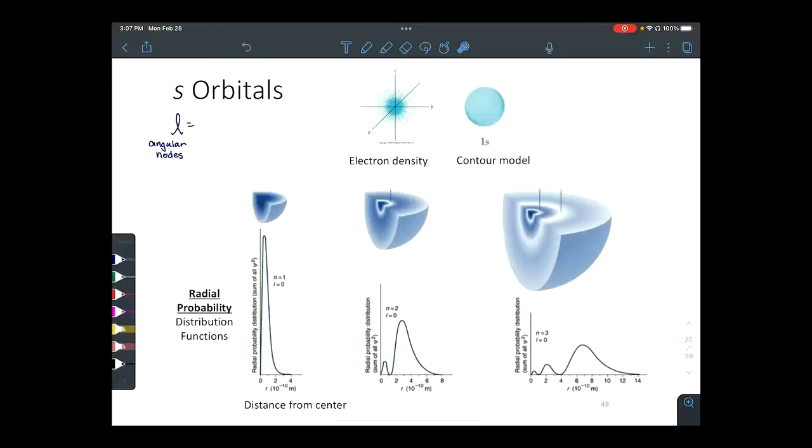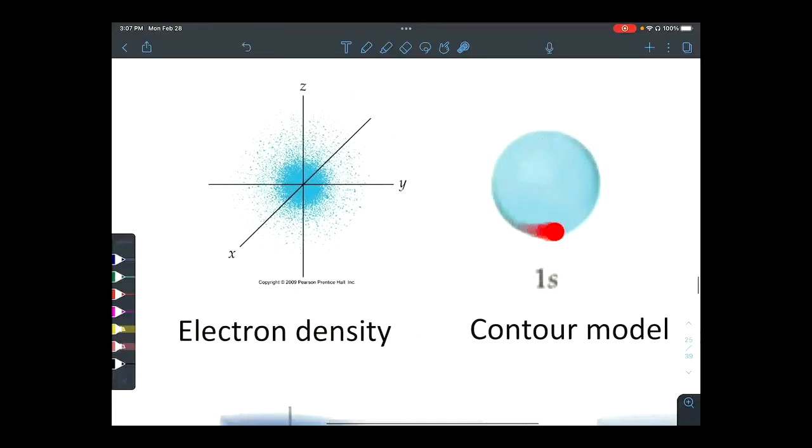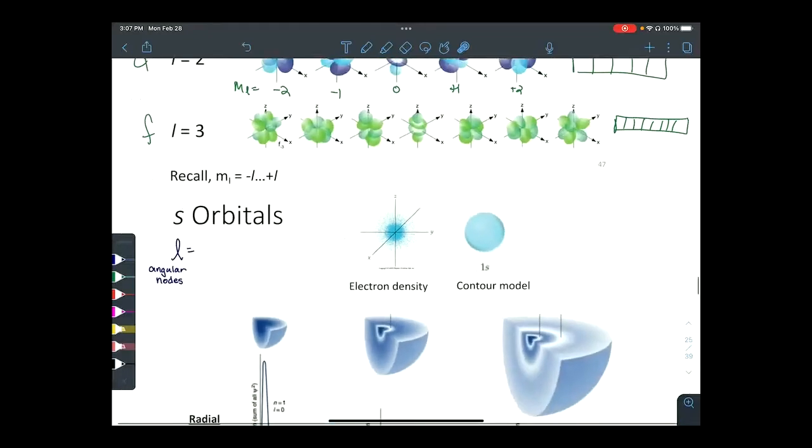So there's a couple different ways we can show it, like in this picture. These are just possible places you could find an electron. So they have it in this dispersed kind of graph, or we can show it as a contour model showing you that 95% of the time you will find the electron inside this volume sphere here.